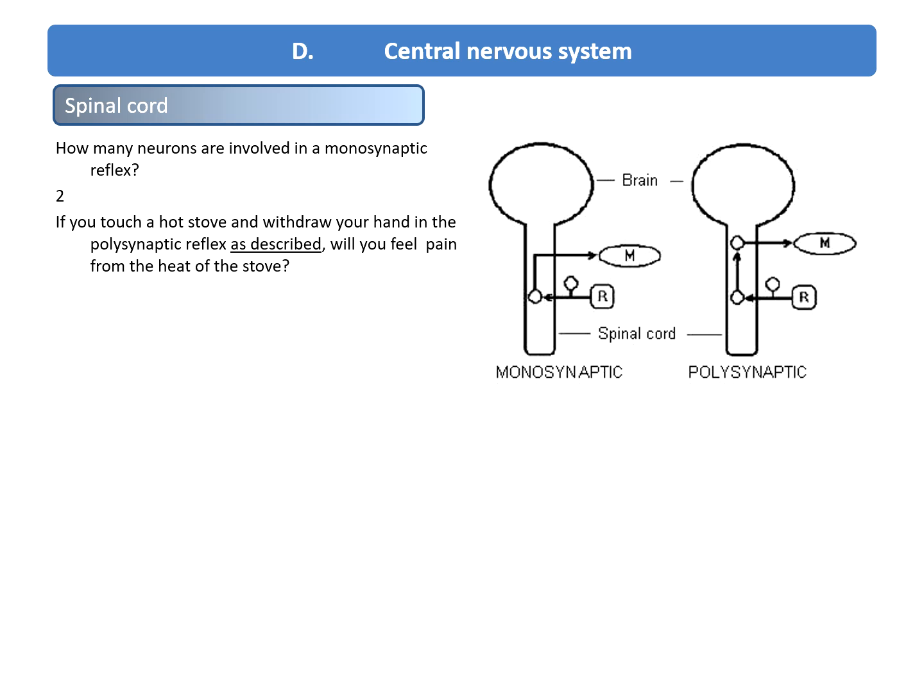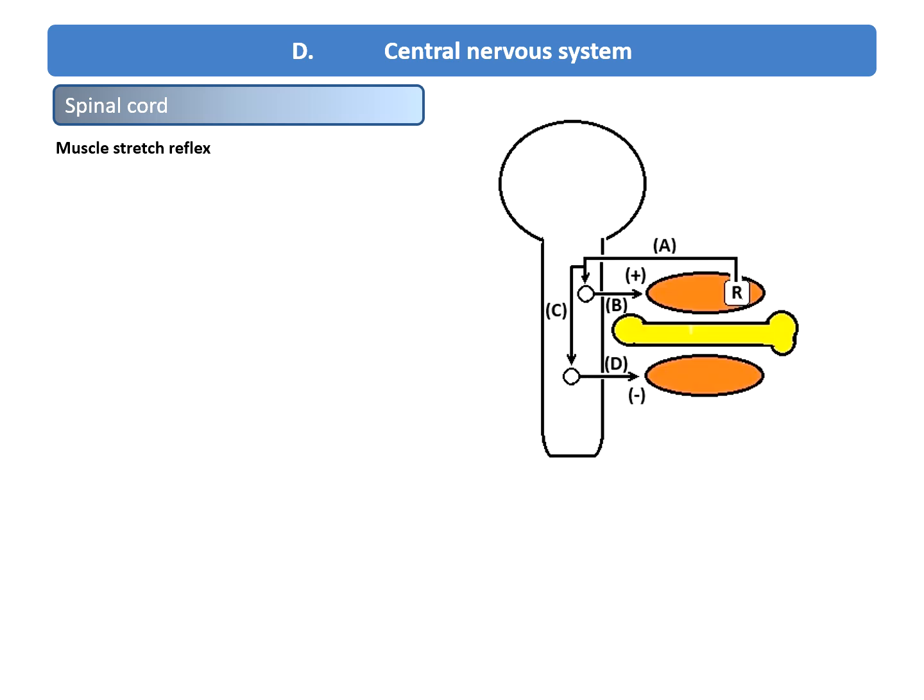If you touch a hot stove and withdraw your hand in the polysynaptic reflex, as described in the diagram, will you feel pain from the heat of the stove? No. In order to feel pain, the nerve impulses must be transmitted to the conscious centers of the brain. Let's look at some of the details of the muscle stretch reflex.